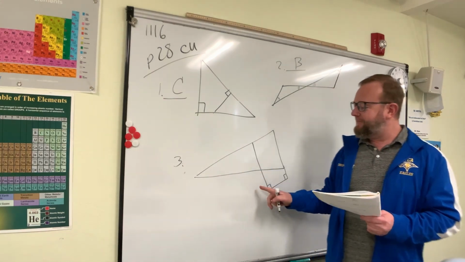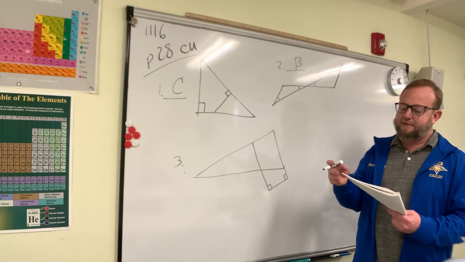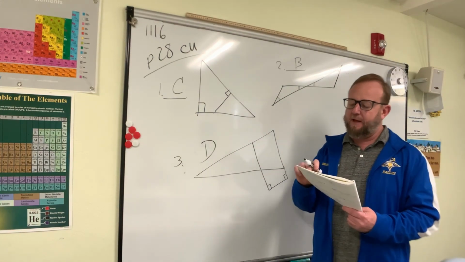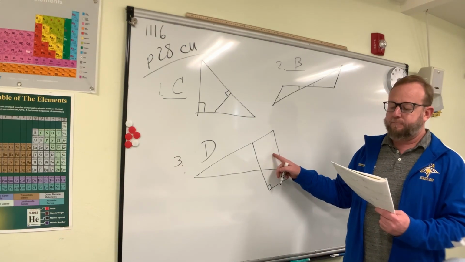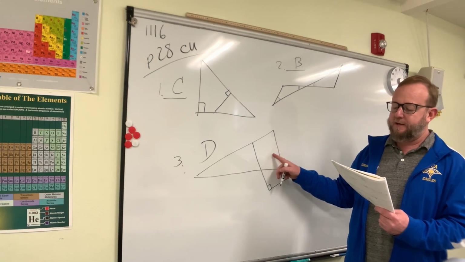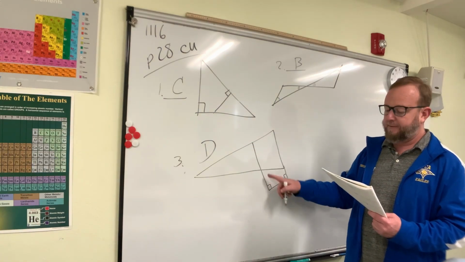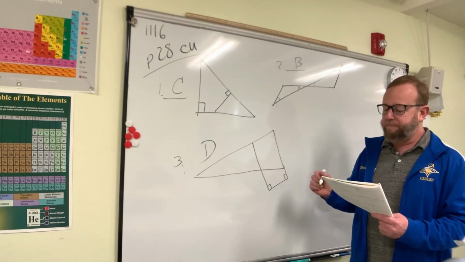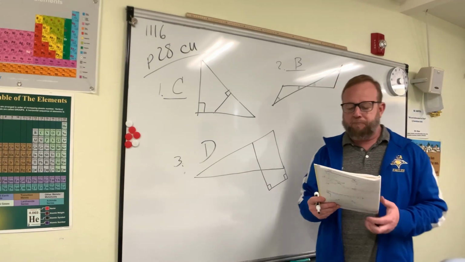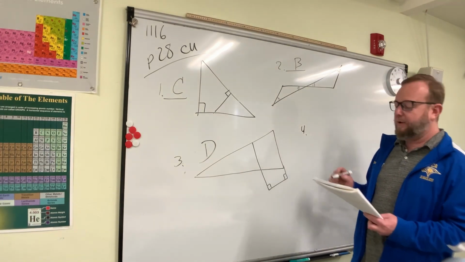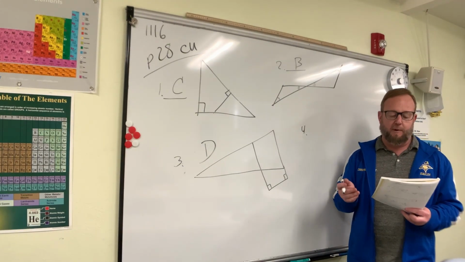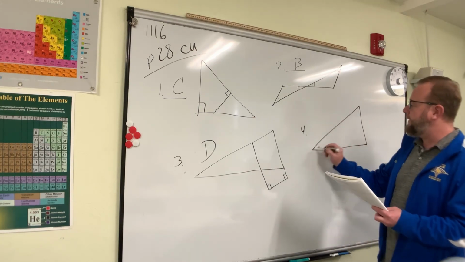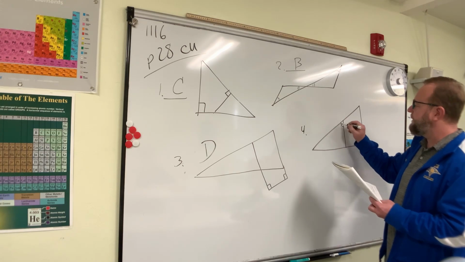All right, number 3, we have this shape, and we see that choice D says if a line is parallel to one side of a triangle and intersects the other two sides, so parallel to that side because of this, and it intersects these two sides, we can see, then this makes them similar triangles. Now, number 4. I know by process of elimination we know what we would choose, but let's say we had a whole list of things and we didn't know what we were going to pick.